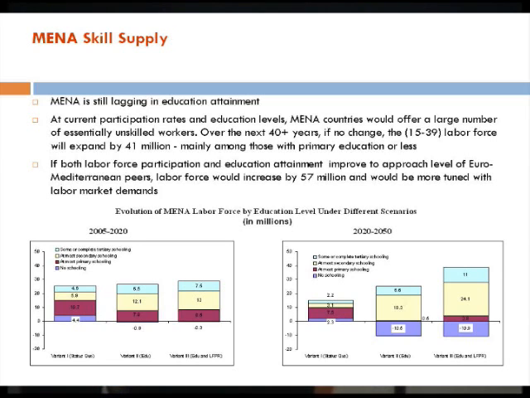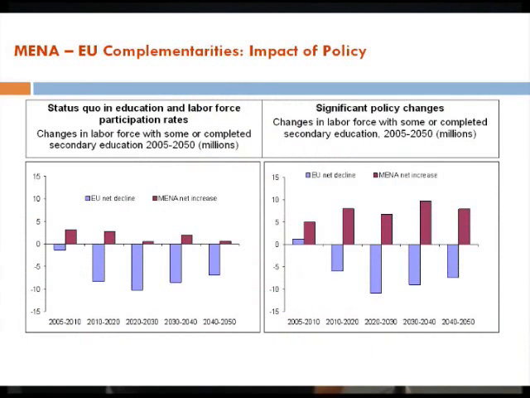Again, for those interested, we can look at the graphs, but for the sake of time, I'll move to the next one, but you have the details in the graphs. Now, this is a very interesting illustration of what I just said. The left graph tells us what would happen if there is a status quo, both in terms of education attainment and labor force participation rates.